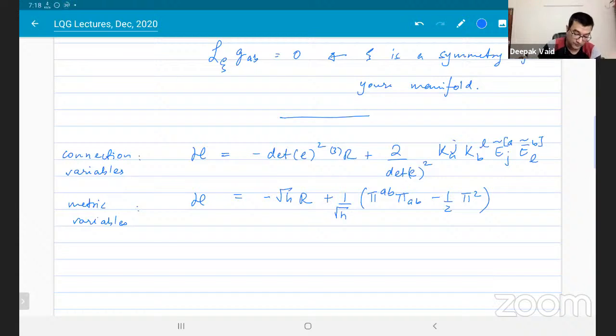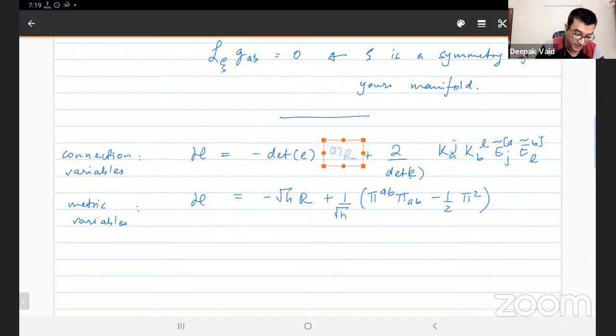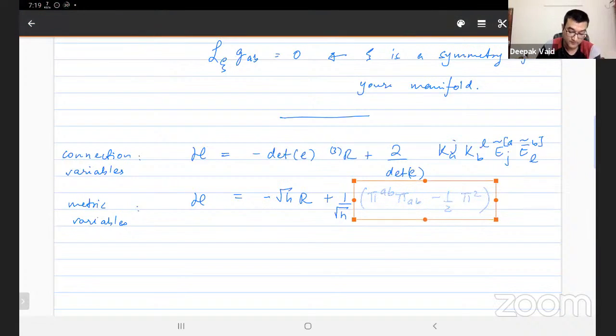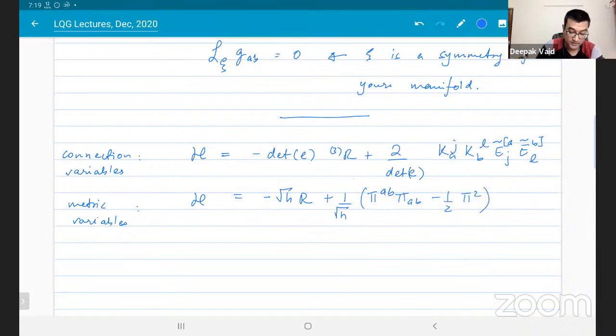Right. So actually, there's one factor of det E, not two factors, I think. So it looks the same. I mean, you have the Ricci scalar, the three-dimensional Ricci scalar, right? And then you have this term involving the momentum, which when written in terms of these one forms takes this expression.